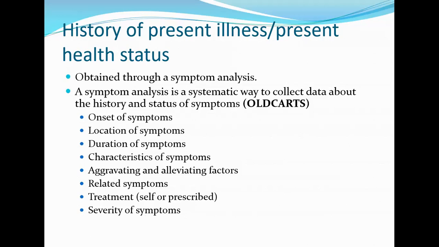Now, when you are conducting a focused health history, this becomes the main part of the history taking. If you're collecting a focused health history, this part where you conduct the symptom analysis becomes the main component of your history, because even in emergencies, this information at least will be adequate to give you a clue as to what may be wrong with the patient.